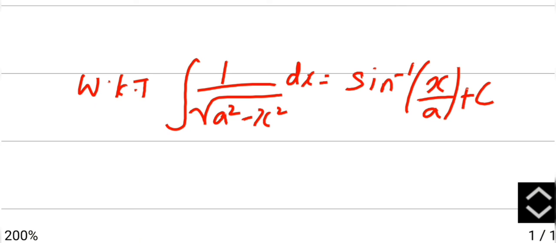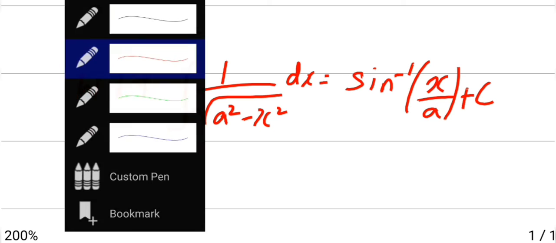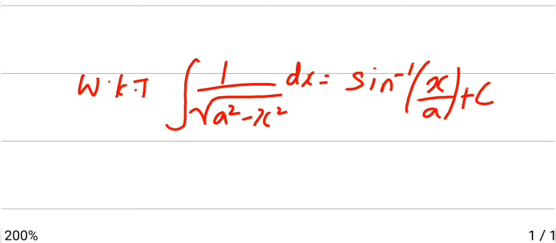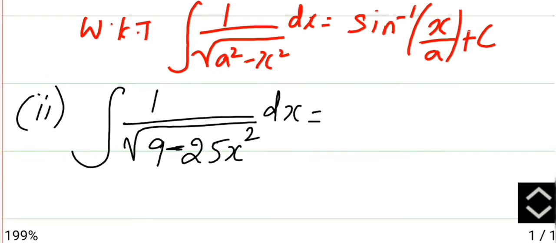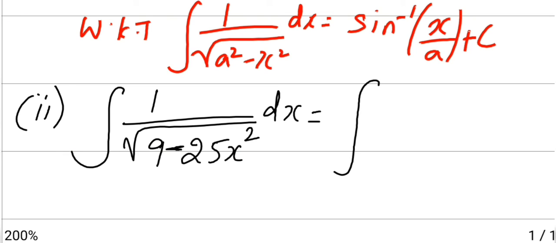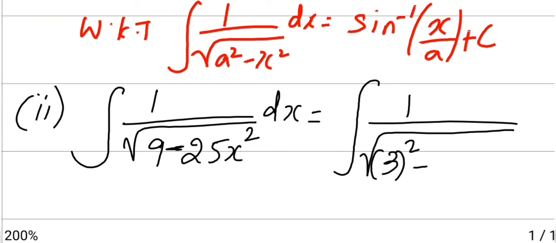So here we know that integral of 1 by root of a square minus x square is sin inverse of x by a plus c. Now what you are going to do is, they have given the second part, evaluate integral of 1 by root of 9 minus 25 x square dx. Now we can just take it as 1 by root of 3 square minus 5 square x square.